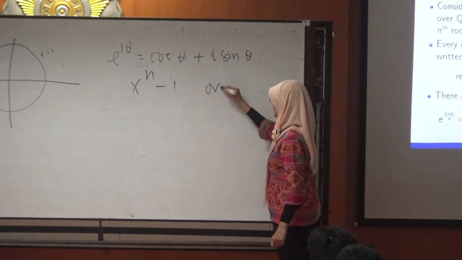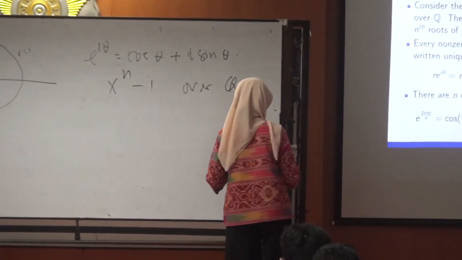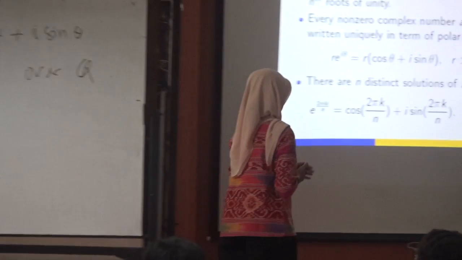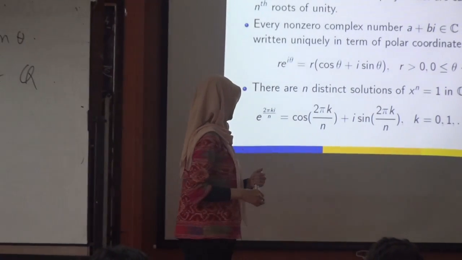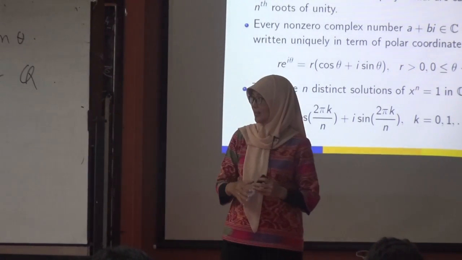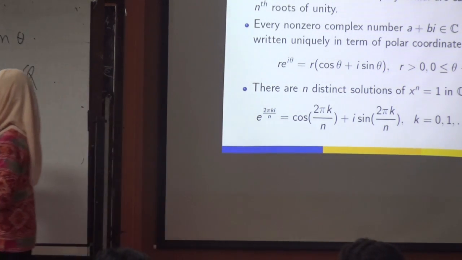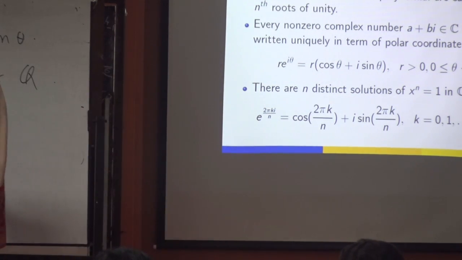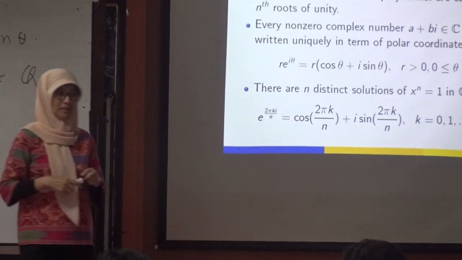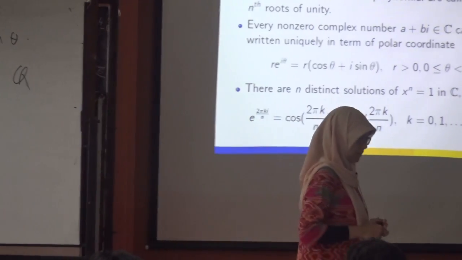Over Q, we can use this fact. So there are n distinct solutions of this polynomial in this situation. Namely, the solutions are in the last row here.